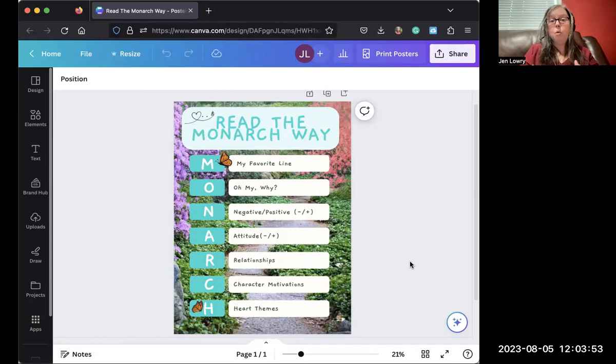They may start with one frame of reference, that they want this in their life, but as they are continuing with their relationships and the events, their motivations can change, can grow, and can spin off in ways that they did not even expect. So when you're looking at the Monarch way, how are we reading with the Monarch way?